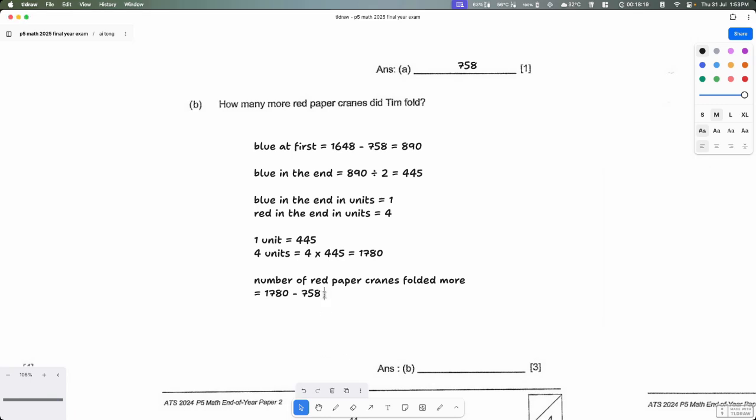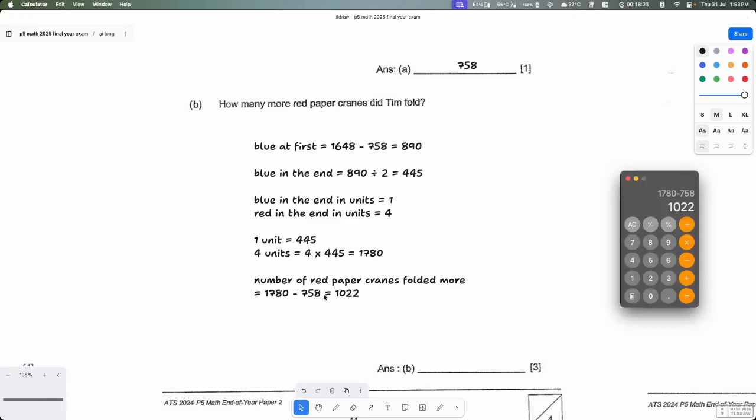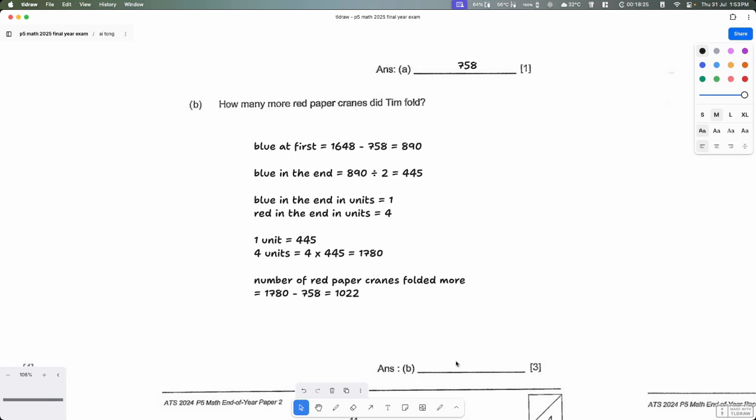This is 1022. So that's the answer, 1022.